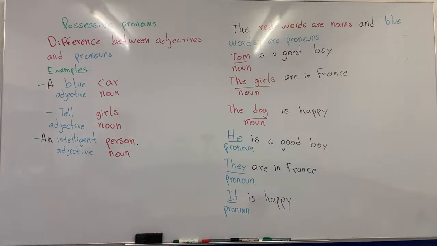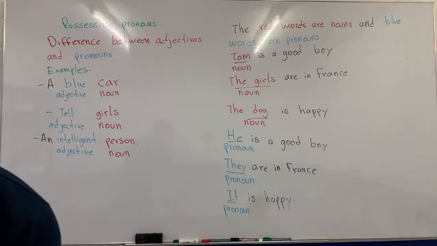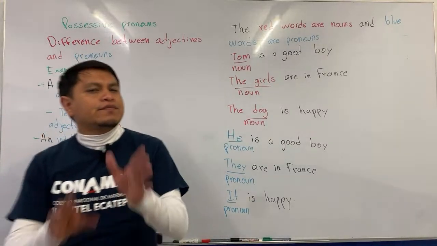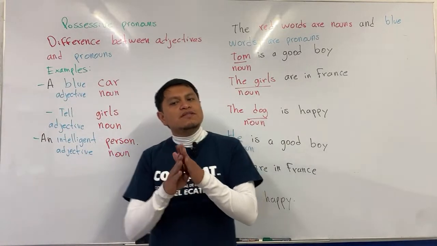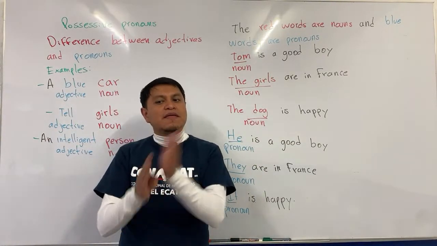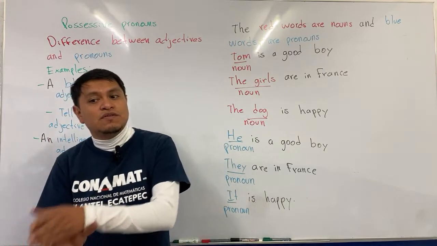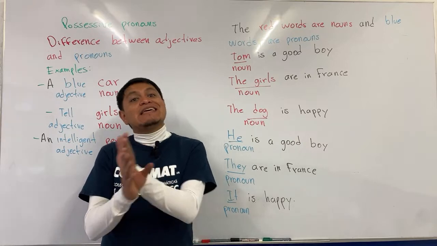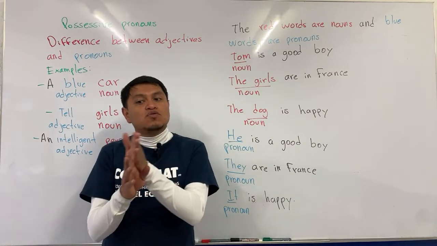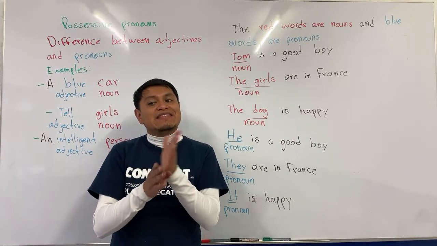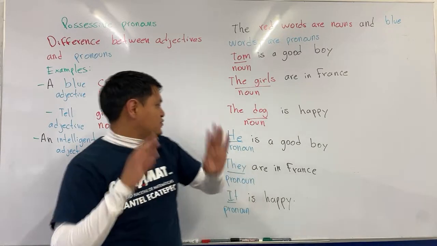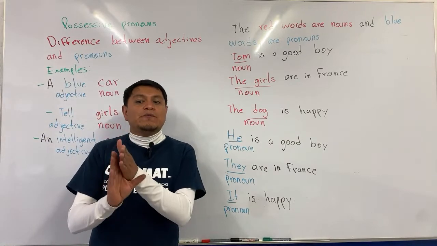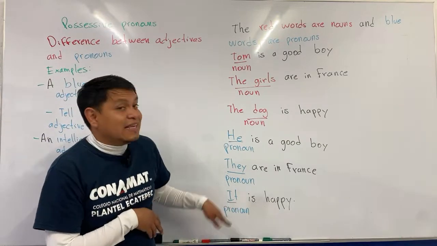Right. Notice that the pronoun substitutes the noun to avoid repetition. If we don't want to say Tom, we say he. If we don't want to say the girls, we say they. And if we don't say the dog, we say it.